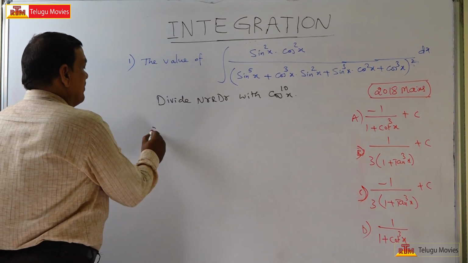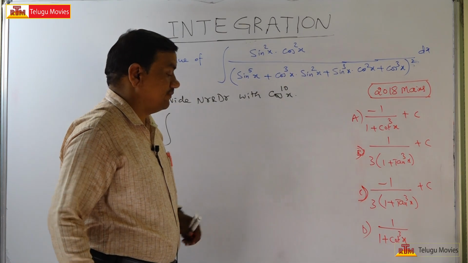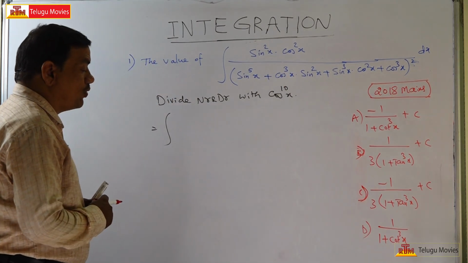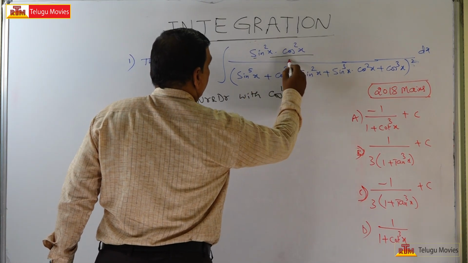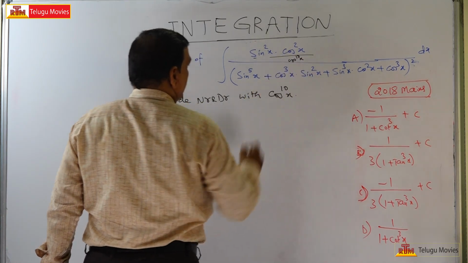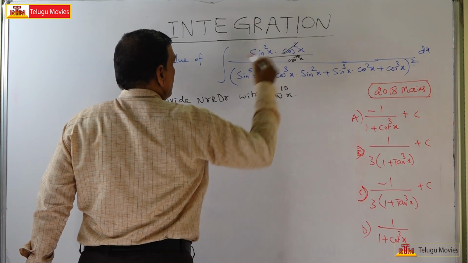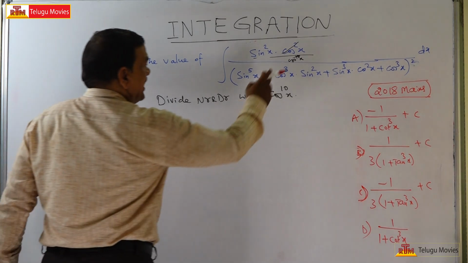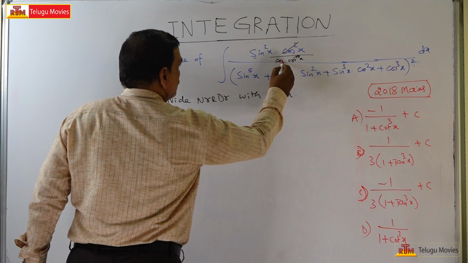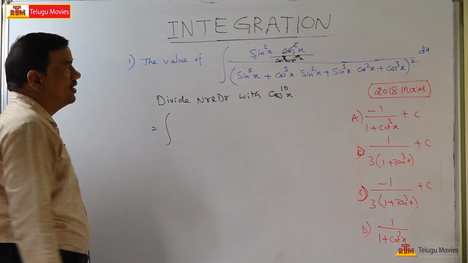If I divide here by cos to the power of 10x, how many cos's will get cancelled? 2 cos's will get cancelled, so cos to the power of 8x remains.